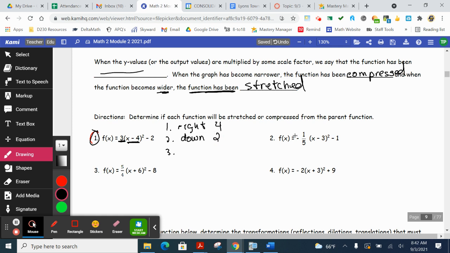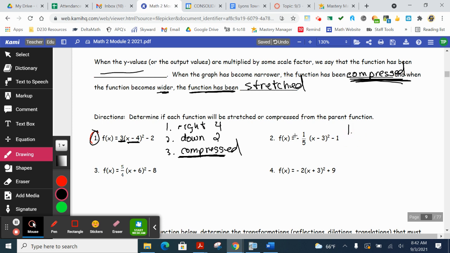And then now all we're doing is using a little more specific name here. So if we look at this 3, okay, eventually Jacob and Monica agree that's going to make it more narrow, but we're not writing narrow now. Narrow means we got compressed. So we would say that our graph was compressed. All right.